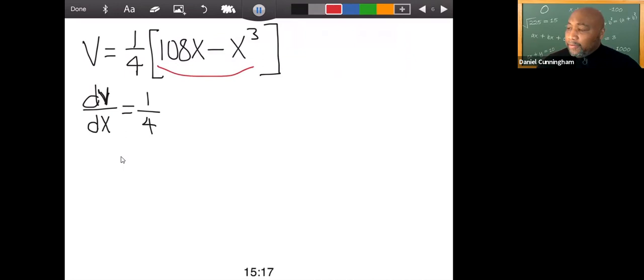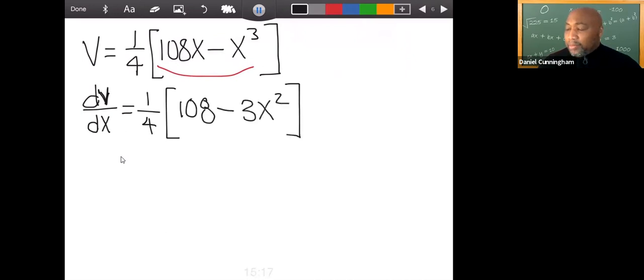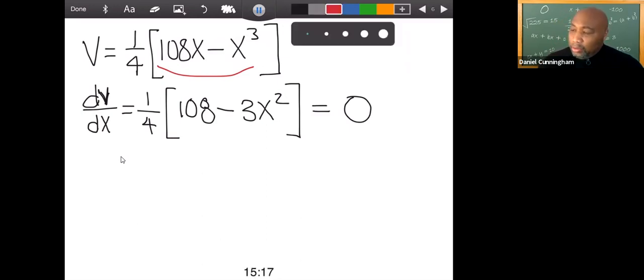The derivative of that will be 108 minus 3 times x squared. That's my derivative. Now I set it equal to 0, because we're maximizing the volume, and solve for x. The 1/4 will cancel.